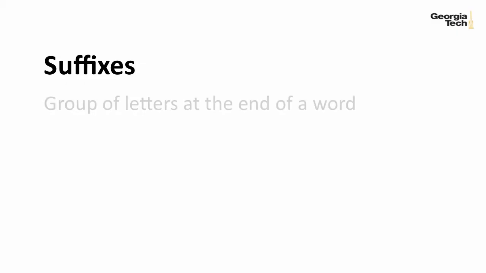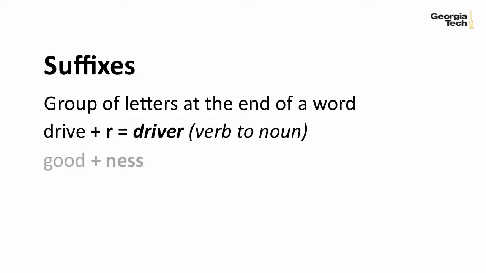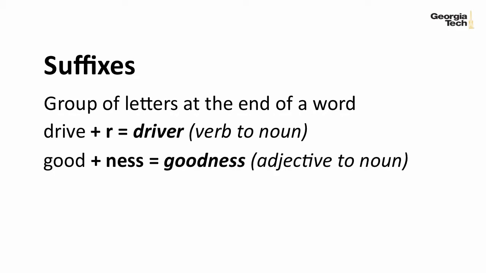Last, let's look at some common suffixes and how they affect word stress. A suffix is a group of letters on the end of a word that changes the word form. For example, adding "r" after the verb drive forms the noun driver. Adding "ness" after the adjective good forms the noun goodness. Many suffixes do not change the stress of a word, as in the following.